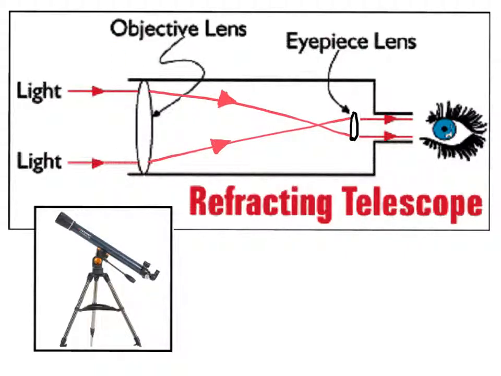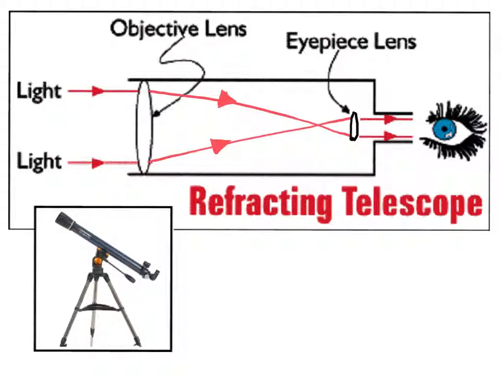And the image is going to be a real image formed right here at the focal point within the body of the telescope. The second lens is called the eyepiece lens, and it magnifies this real image. When you look through the eyepiece lens here, you see an enlarged, inverted virtual image of that real image that was formed by the objective lens.